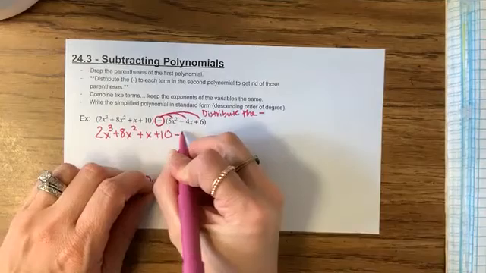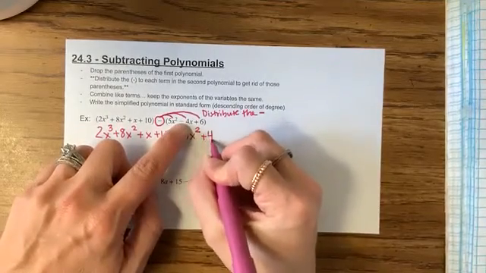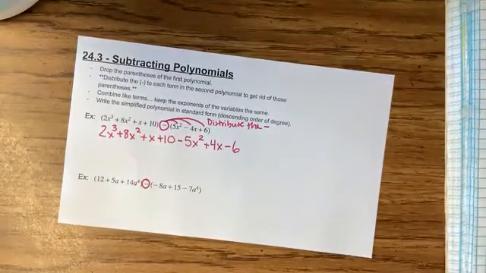So now this becomes negative 5x squared. Now it becomes plus 4x, and now it becomes minus 6. So you drop the parentheses in the first one, write those terms down, distribute the negative, write all those terms down. Now we're back to combining like terms.